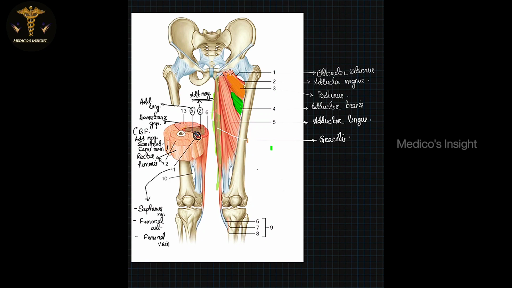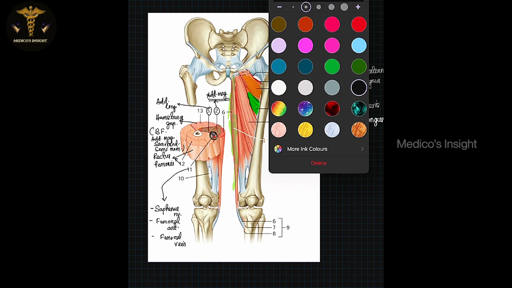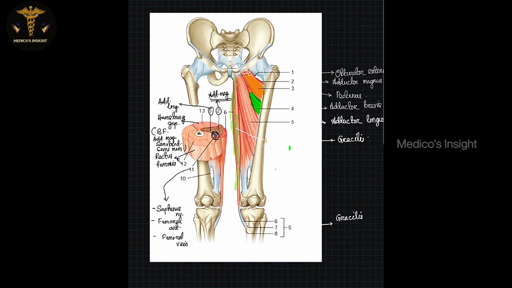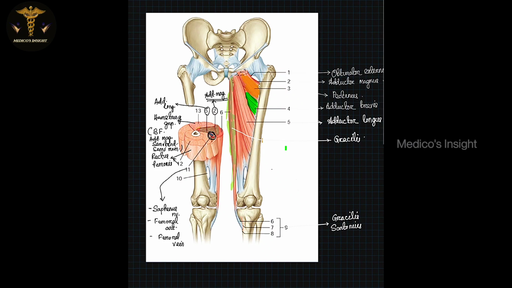Okay, so it is all about this. These 3 groups of muscle, here one is, as I say, gracilis, sartorius, and semitendinosus.